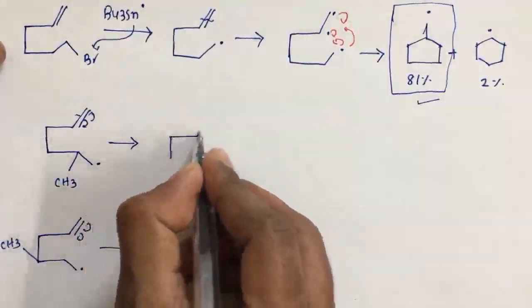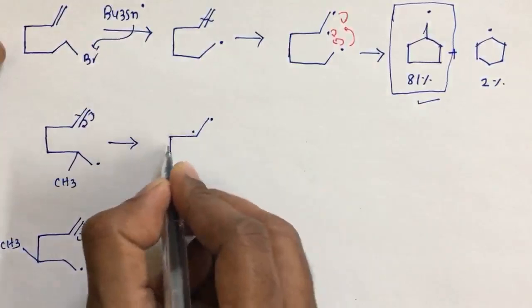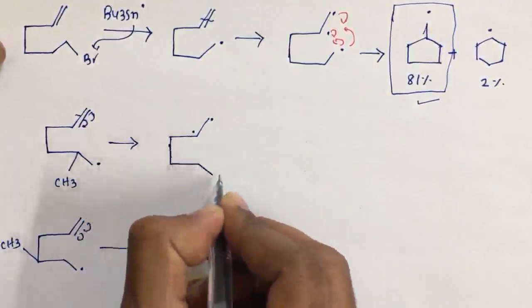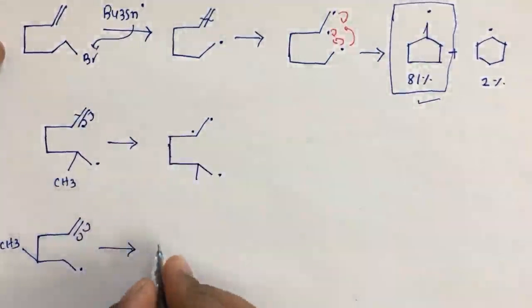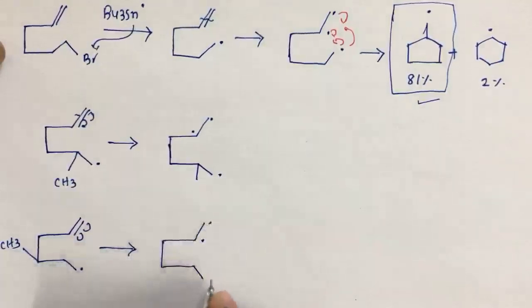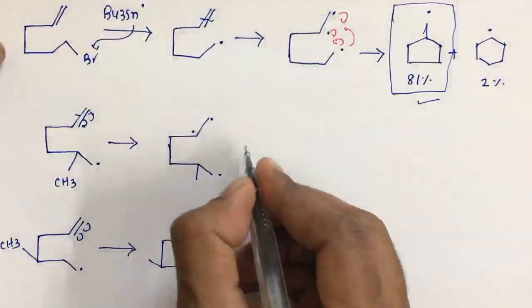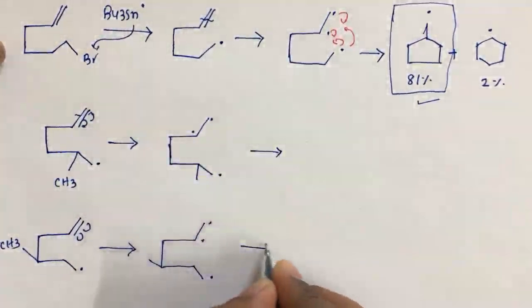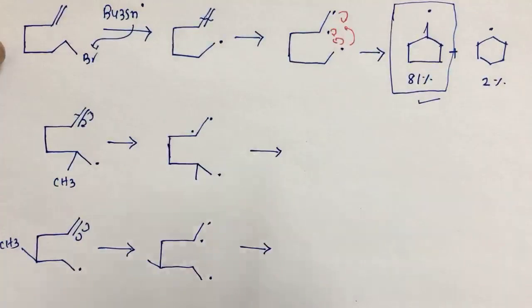After homolytic cleavage we get the radicals. Now here also the same 5-member ring forms in more amount compared to the 6-member ring.